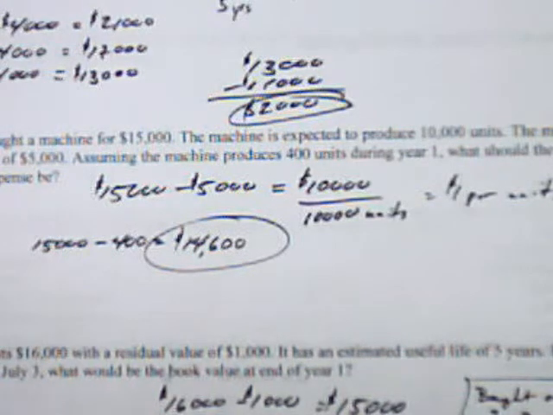Does it ask for the actual depreciation or how much it would be? That's the last one for depreciation expense. Okay, so it's $400. So I've got the answer in there. I had the wrong number circled.